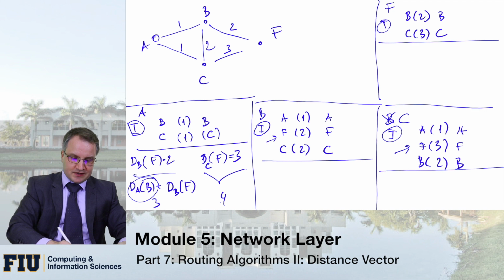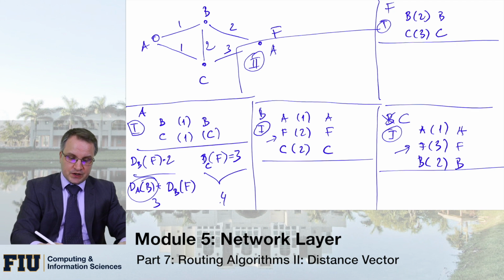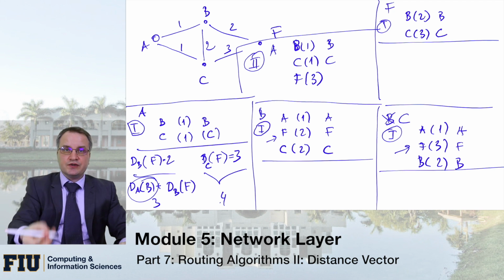And effectively, what we eventually write, if I figure out how to write this part: at iteration 2 at A, this is another part of the information. We're going to have, again, B is 1 B, C is 1 C, and now we have F, which we can reach using 3 steps, but we have to go through B. So this is the second iteration.